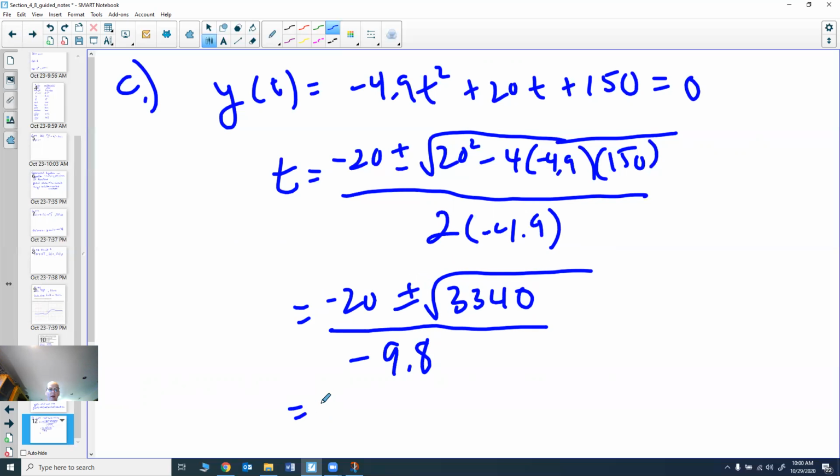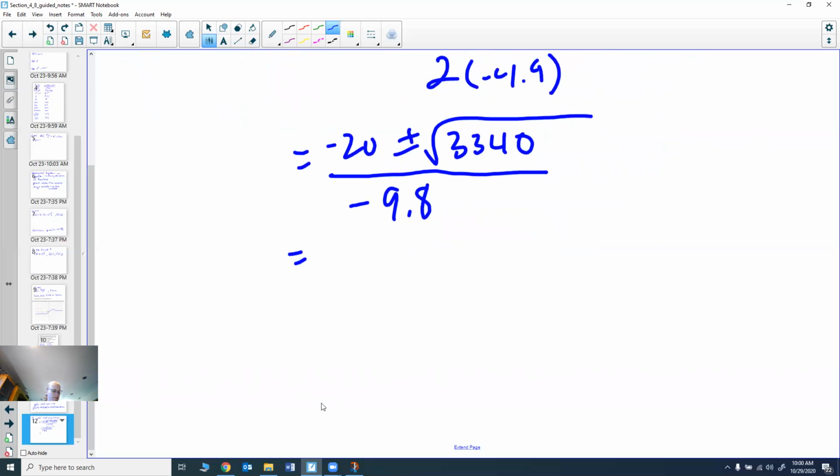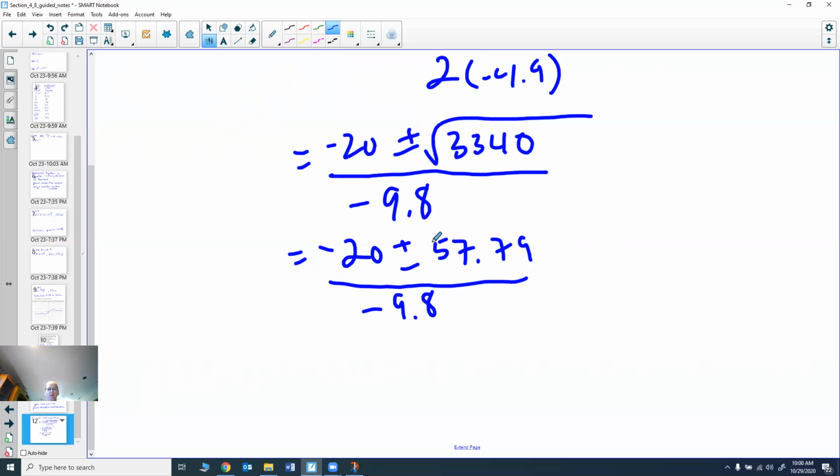And then we're going to take the square root of that, and either add or subtract that from negative 20. So we get, and I'm not going to write it all the way down, roughly 57.79. Again, it keeps going. I'm not going to actually use that number. I'm going to take negative 20 plus that number and divide that by negative 9.8.